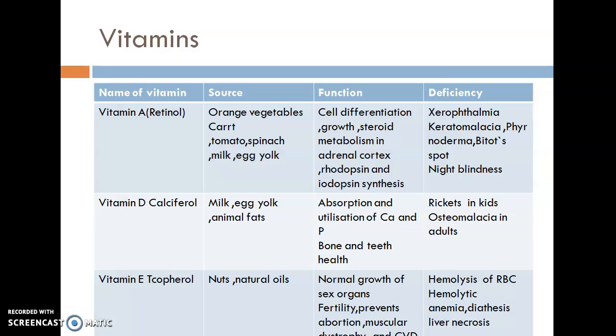Now coming to the next, vitamin D. It is called calciferol. Nowadays, it is very common that most people do not have exposure to sunlight. Why is sunlight essential for vitamin D? In order for vitamin D to be synthesized in the body, we require sunlight.